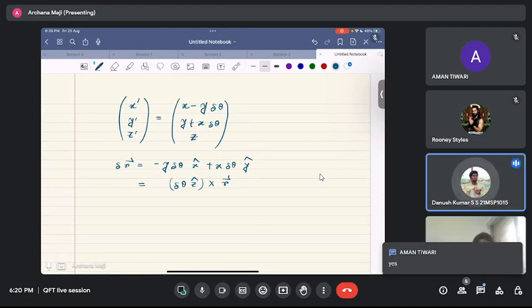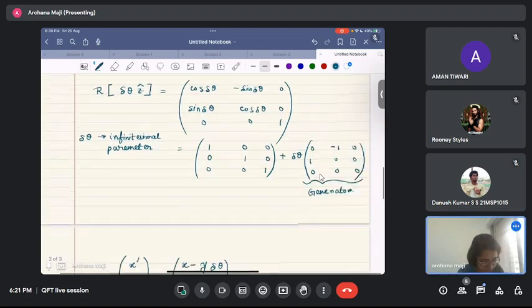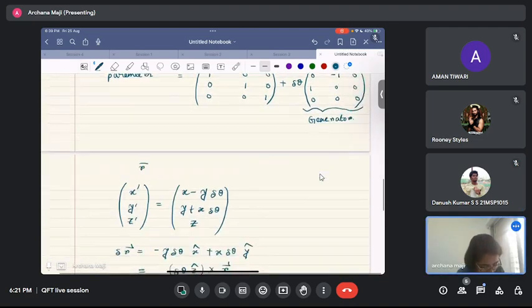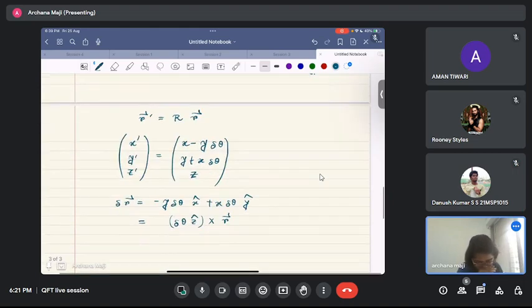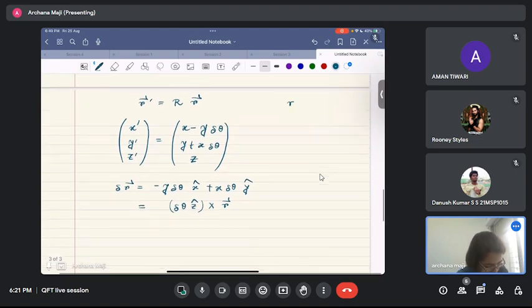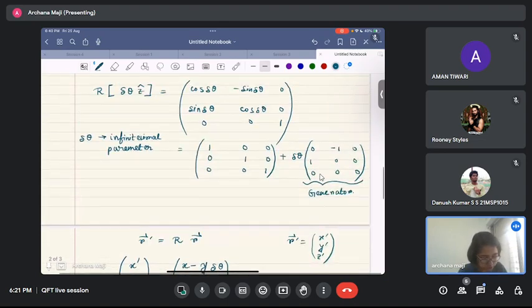Can you please explain the last step? Yeah. So r prime is capital R acting on r, and I'm writing this in matrix notation. R prime is x prime, y prime, z prime, and I have substituted the R that we have written here.